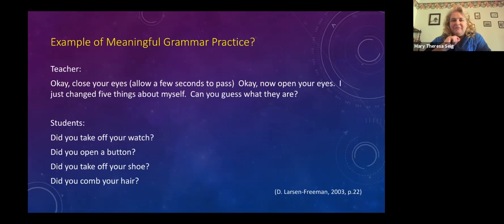It's very exciting for the students to try to figure out what those 5 things are that have been changed. Now, this can't happen all the time, of course it can't. However, as we move towards more meaningful practice, we move towards more engagement with our students, and therefore we move towards more learning by our students.